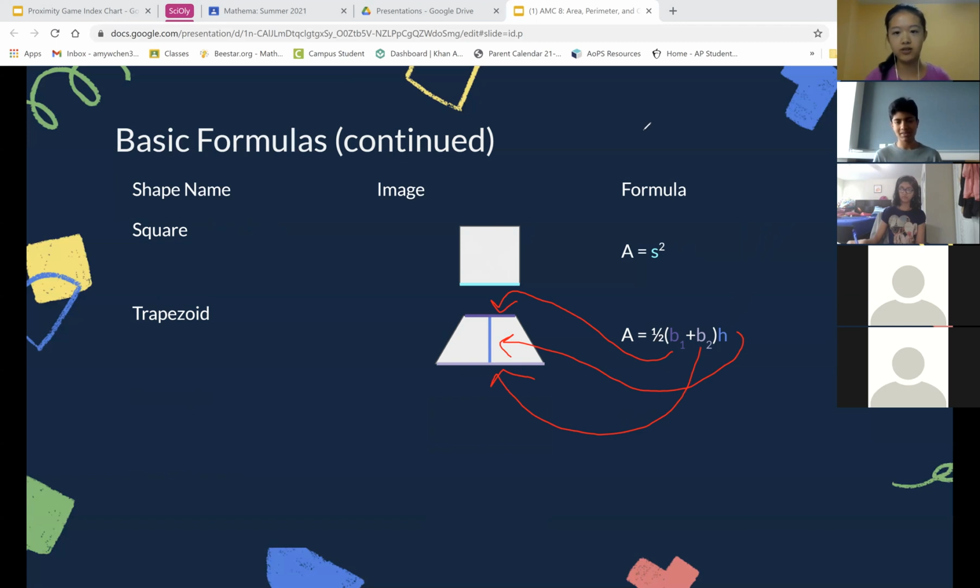Where this formula came from is that if you cut off this part and flip it up here, it sort of becomes a rectangle. Then we divide by 2 to reduce it down to just one side. So it becomes this rectangle. So 1/2 times base 1 plus base 2 added up times height.